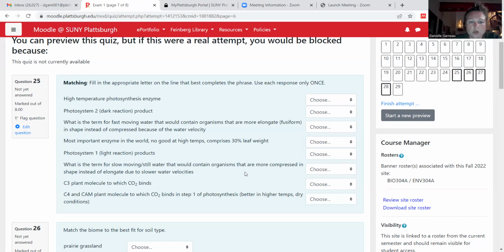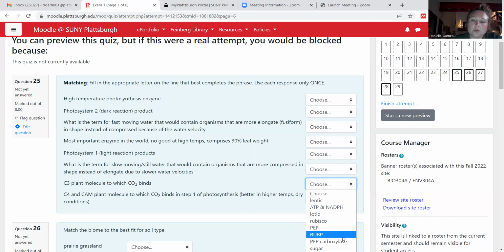What is the slow moving or still water? Okay, so if fast moving water was lotic, lentic is that. The C3 plant molecule to which CO2 binds. So remember, stomata open, the CO2 is coming in. What does it bind to with the help of rubisco? This is C3 plants, so stuff where we are. We looked down our list, everything's been used except for PEP and RUBP.